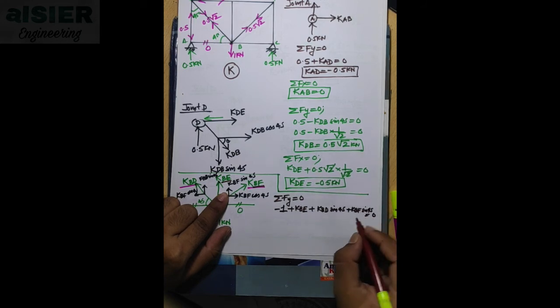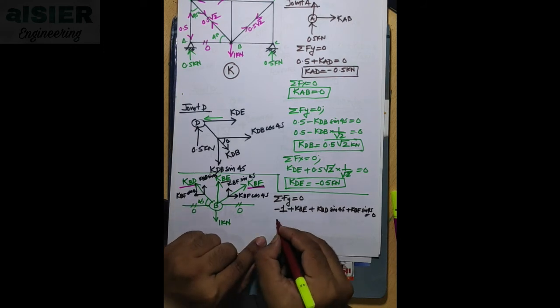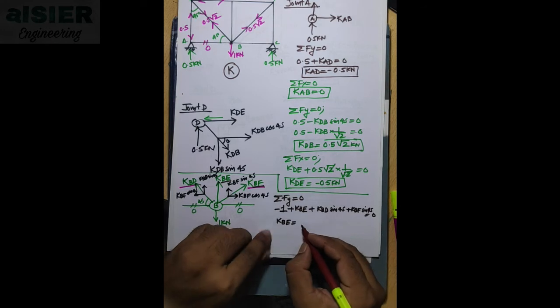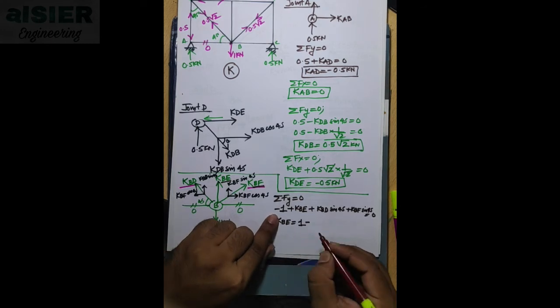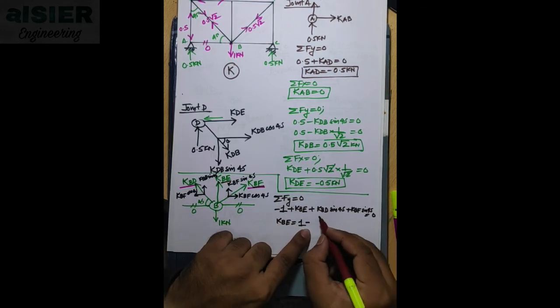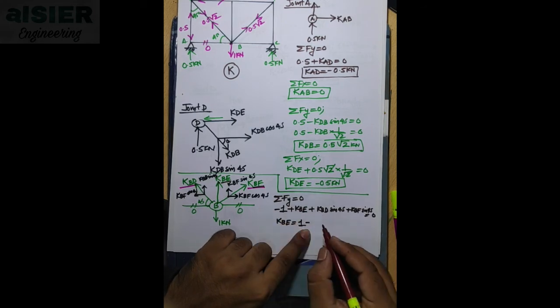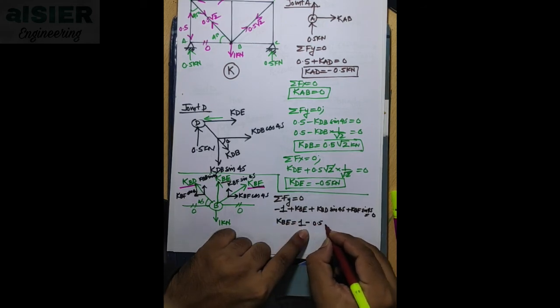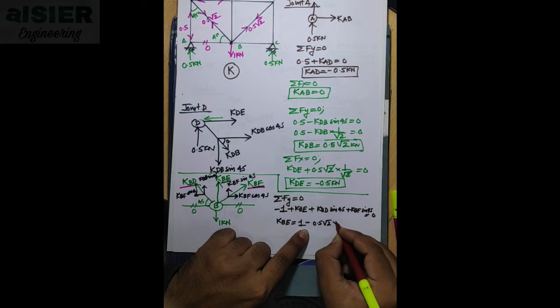Okay, so now we will write down KBE is equals to 1 minus, okay, KBD, value of KBD is 0.5 root 2, 0.5 root 2 and sin 45 is 1 upon root 2, right?